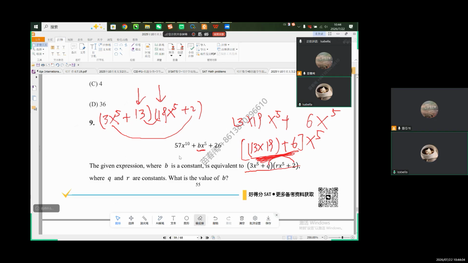13 times 19 x power 5 plus 6x power 5. Okay, but wouldn't it turn out more like this?